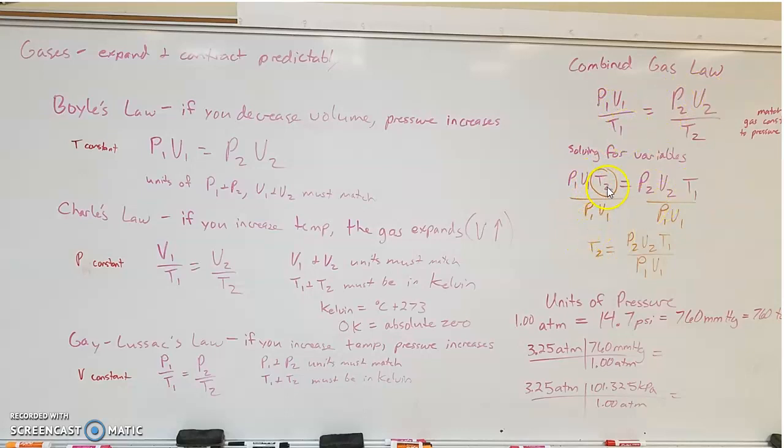And I gave the example like, if I wanted to solve for t2, then what do I need to do? Well, I need to isolate t2, so I would divide both sides by p1 v1. So this p1 v1 cancels out, and that means that practically to solve for t2, I would multiply pressure 2 times volume 2 times temperature 2 divided by pressure 1 and times volume 1.